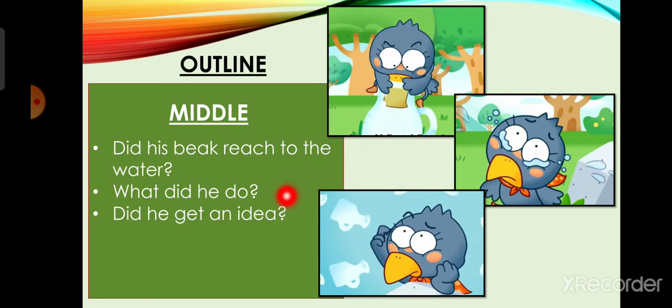What did he do? Did he get an idea? Look at the picture. Here he is trying to drink water, but the neck of the bottle is very narrow. That's why he couldn't drink water. Then he was upset. What do you think? Did he get an idea?